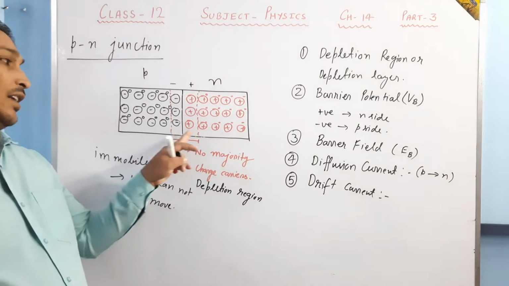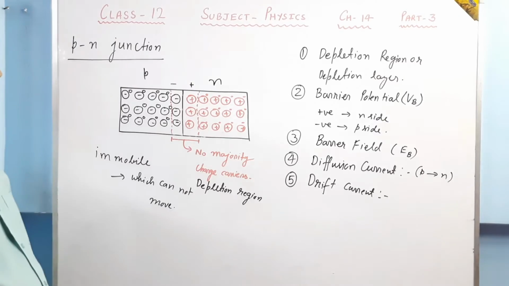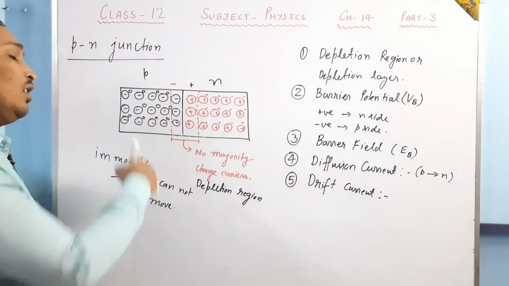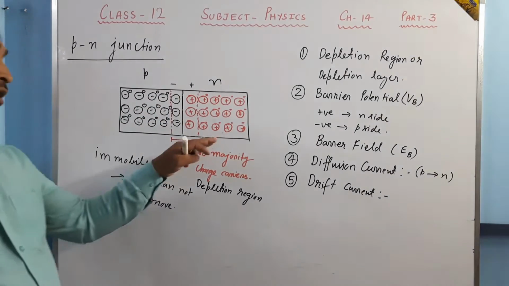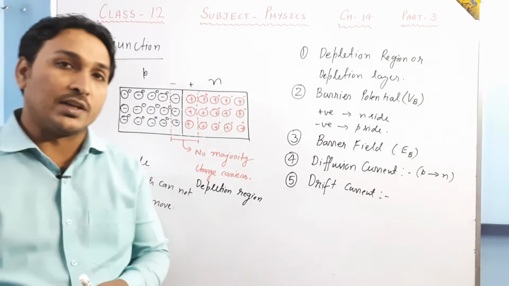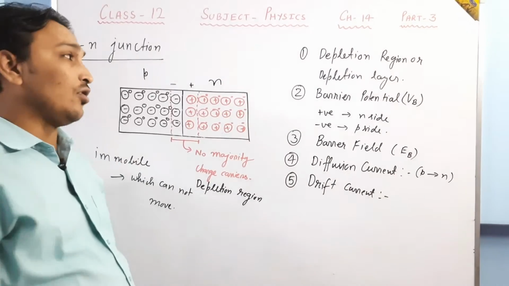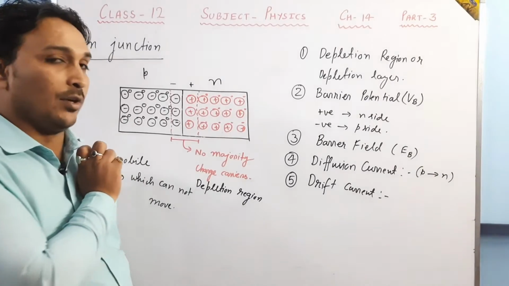Now this barrier potential obstructs the flow of majority charge carriers, means electrons cannot go over here. But we all know that in n-type semiconductor there are some minority charge carriers, and those are holes actually. Holes are minority charge carriers in n-type semiconductor. Electrons are minority charge carriers in p-type semiconductor.